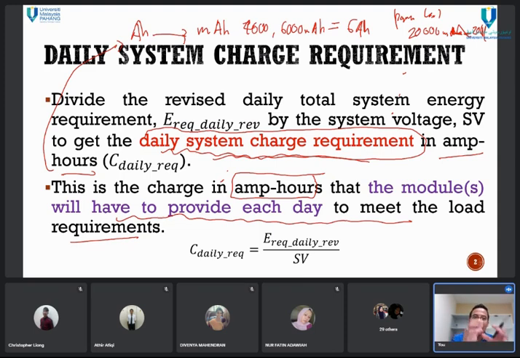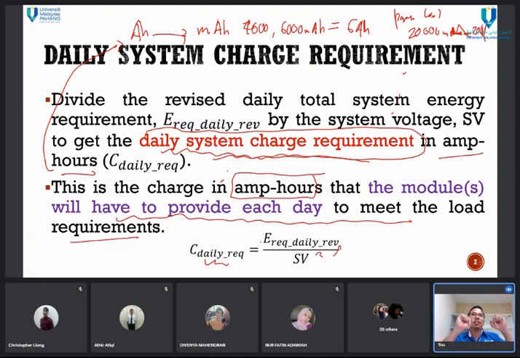How many Ah do we need per day? This is the key, because this Ah will relate to the battery capacity, which is in Ah unit also. So the daily system requirement will be divided by the system voltage that we choose. If 24 volts, it is getting smaller. If 12 volts, the value of ampere hours is getting higher. Okay?